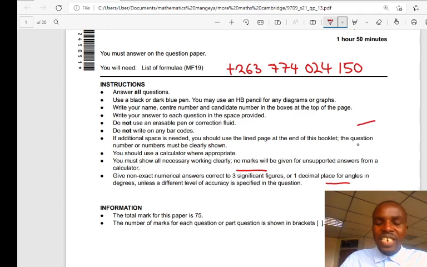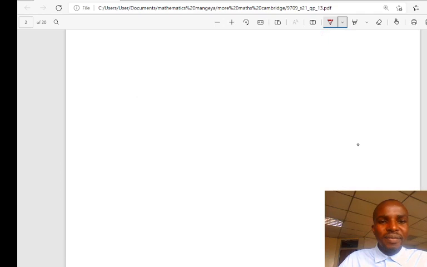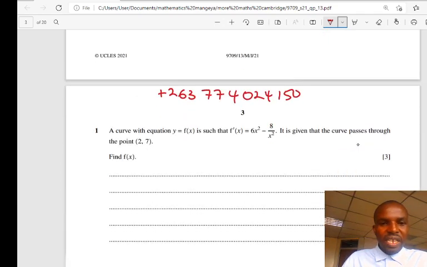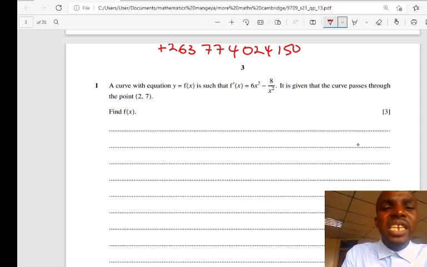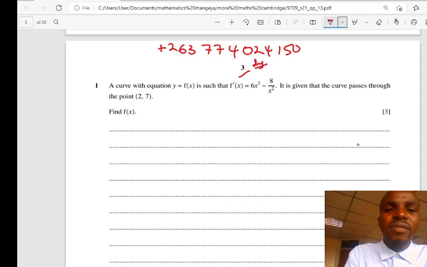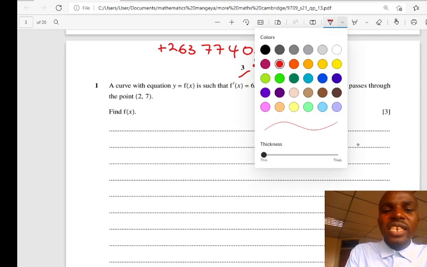Let's get started. Question number 1. A curve with the equation y equals f of x is such that f'(x) means first derivative, or dy/dx.